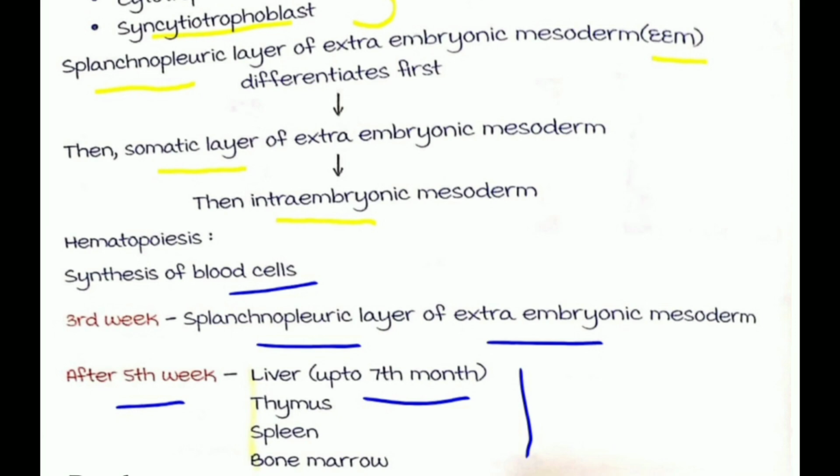And after the fifth week, the hematopoiesis function is taken up by these organs, for which LTSP is the mnemonic: liver, thymus, spleen and bone marrow. The liver will take up the function of hematopoiesis only up to 7 months.